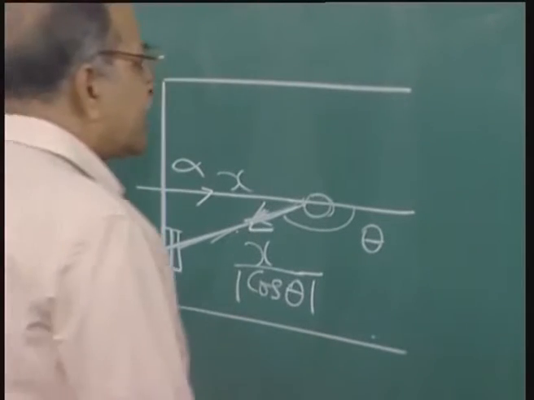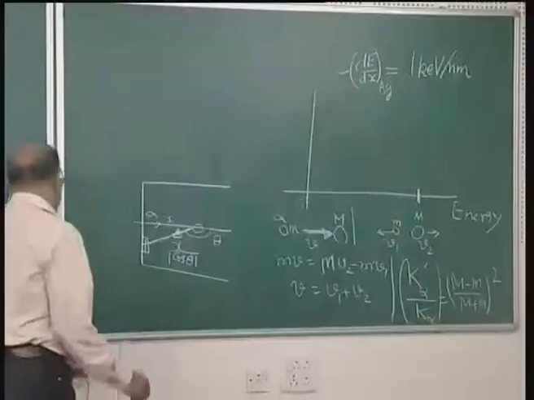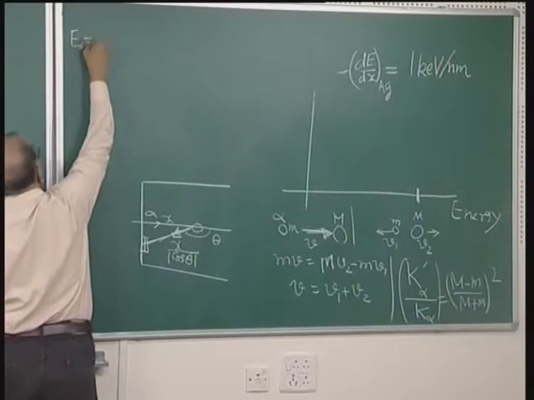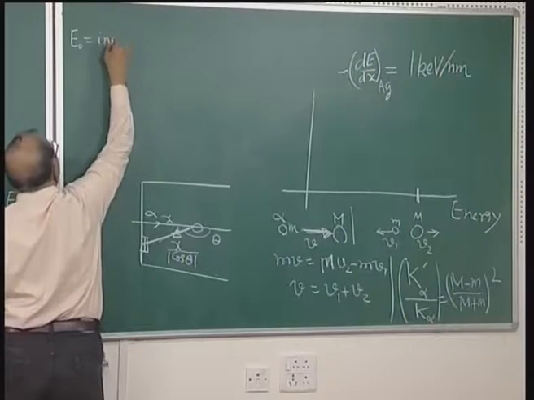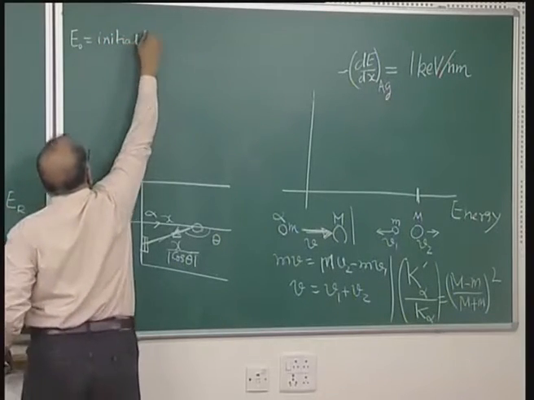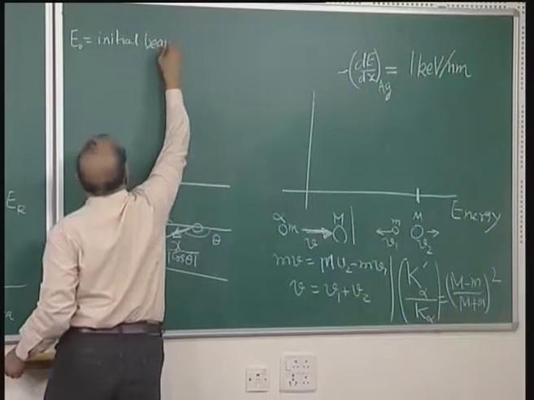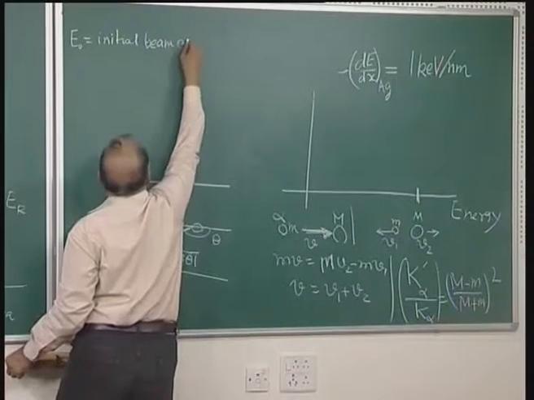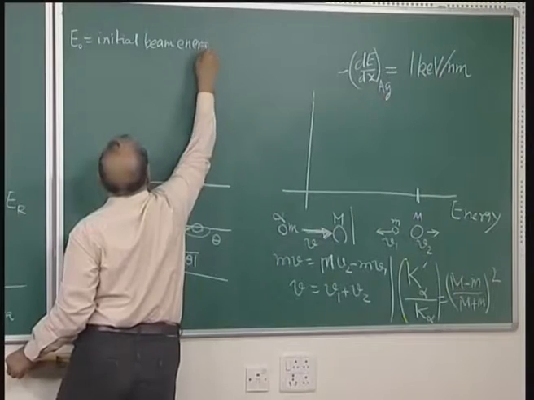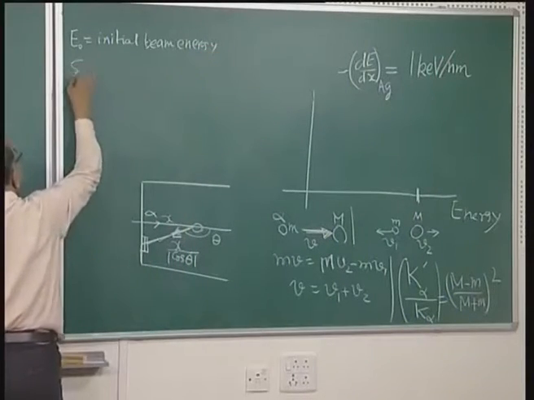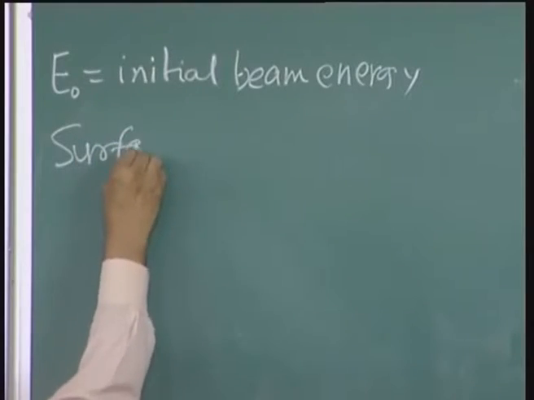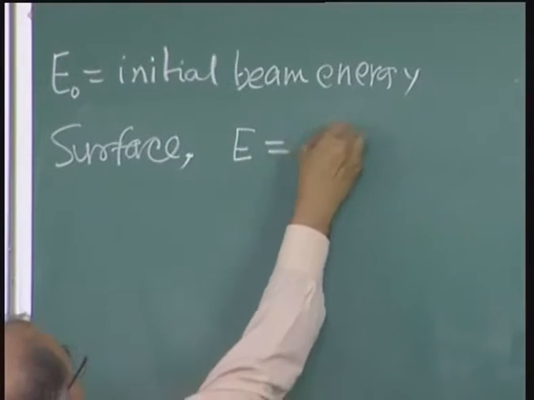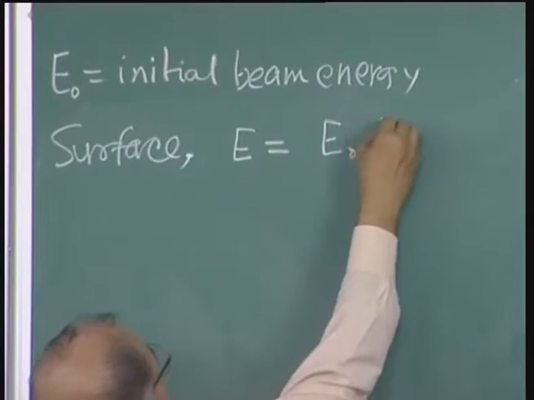The initial energy, let us say, is E naught, the beam energy. Alpha particle, when it is in the beam, that energy is say E naught. Now, if it is coming from the surface, then the energy detected will be this E naught multiplied by that kinematical factor.